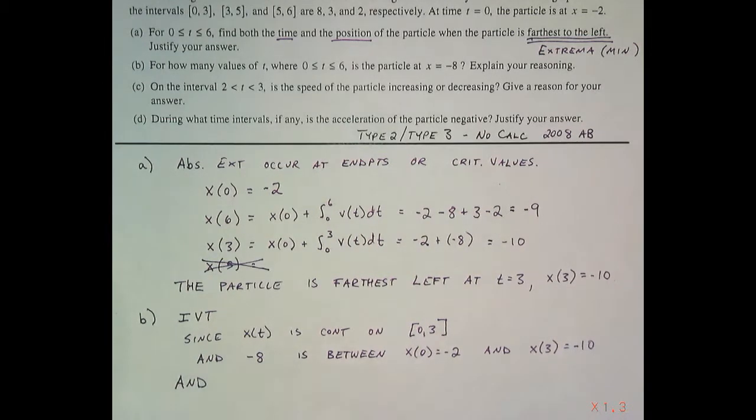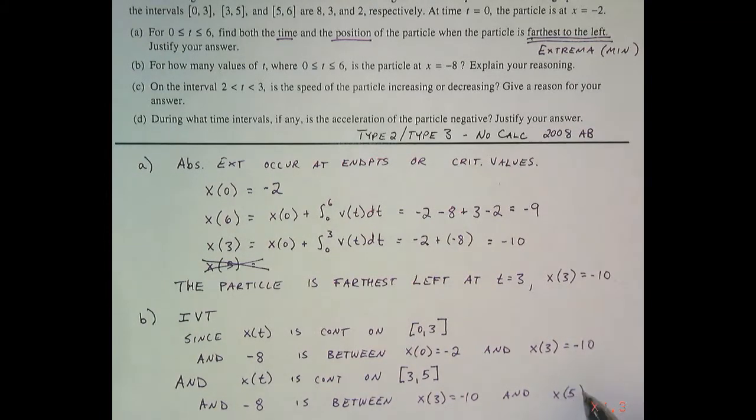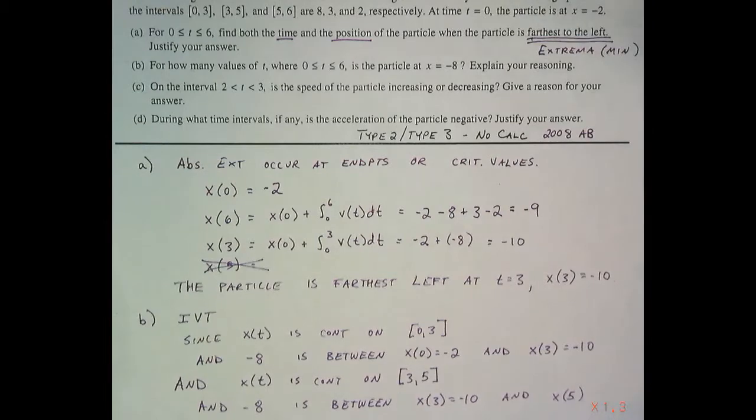And we'll take a look at the next interval again, and x of t is continuous on the interval from 3 to 5. Negative 8 is between x of 3, which equals negative 10, and x of 5, which is going back up on the graph.